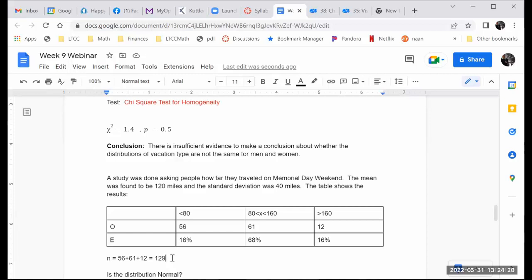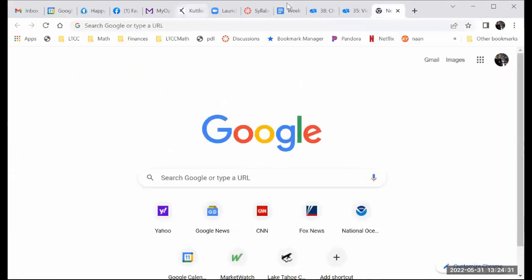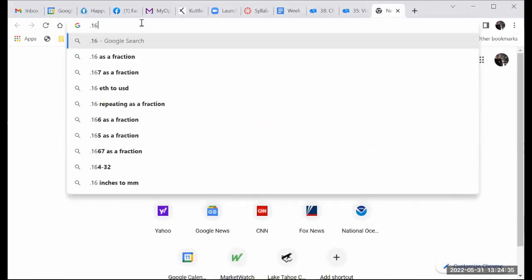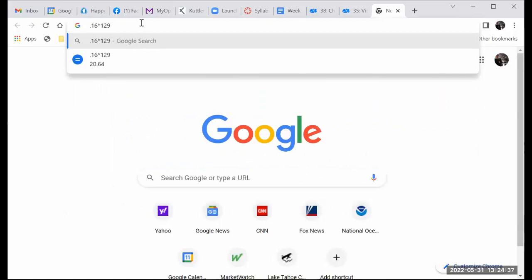So now to find the expected number that are less than 80, we take 16% of 129. Any questions on that? So I'm going to go for the old Google. 0.16 times 129. And I'm going to round to the nearest whole number, call it 21.